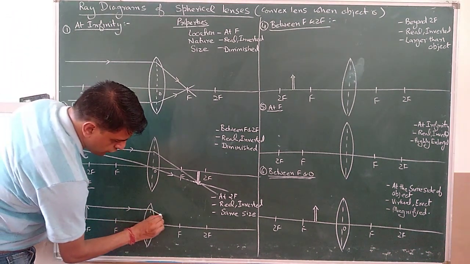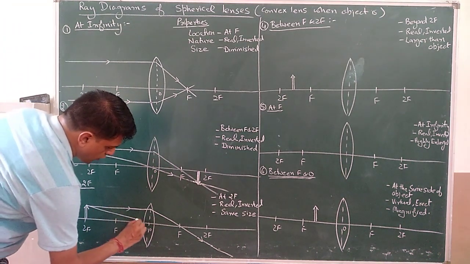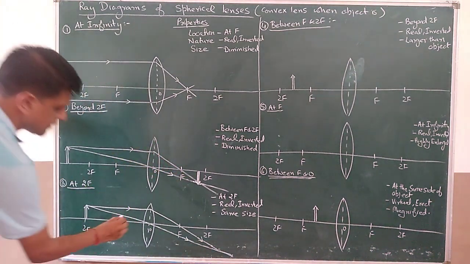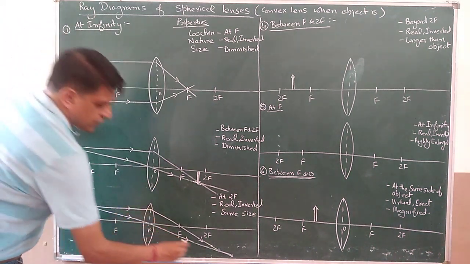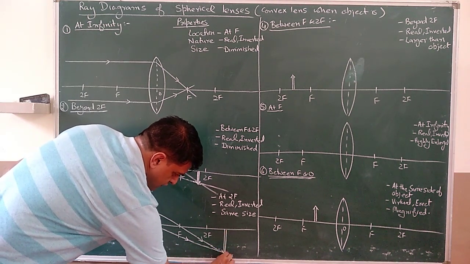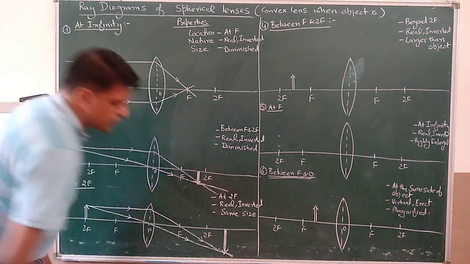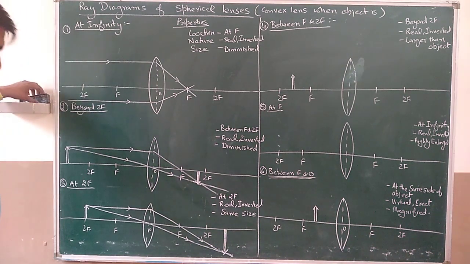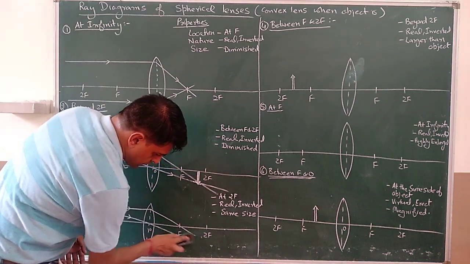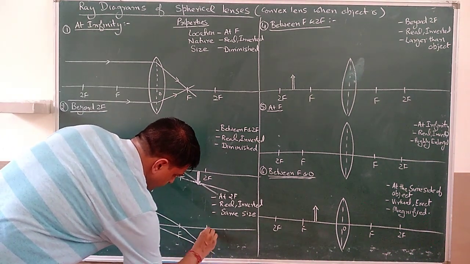It will pass through the focus, and the second light ray will pass through the optical center, and wherever these two light rays intersect each other, we will draw a perpendicular to the principal axis with an arrowhead at the point of intersection, and this is the image formed. The image formed will be at 2F only.